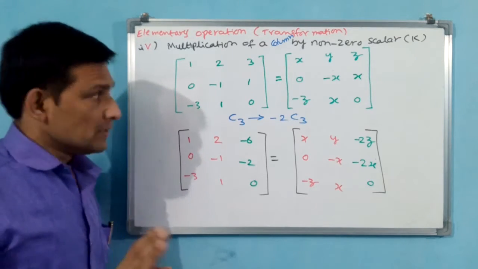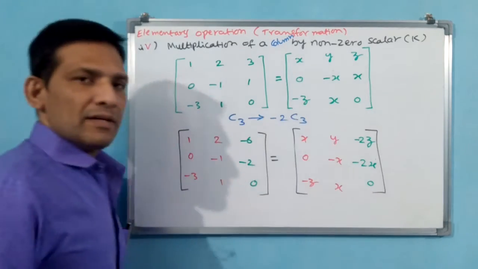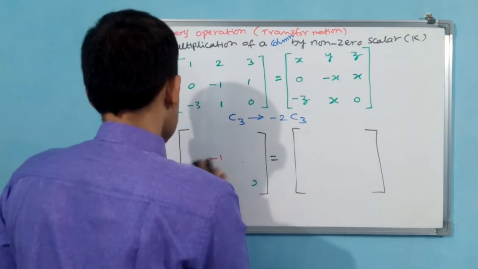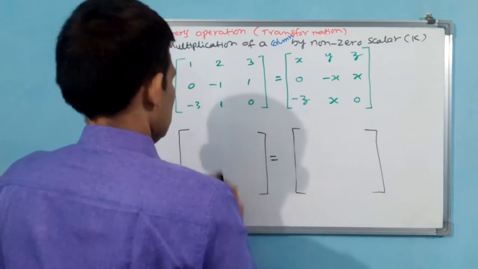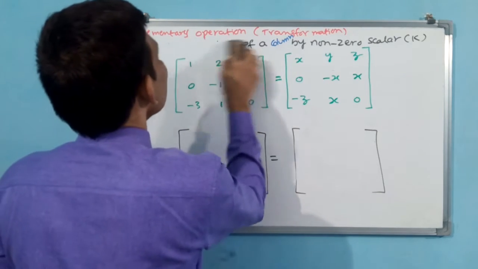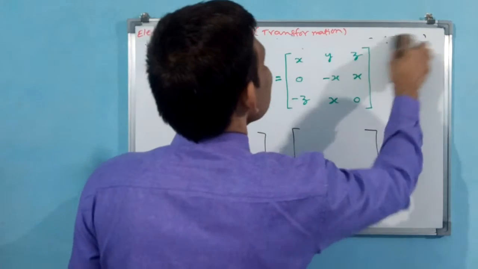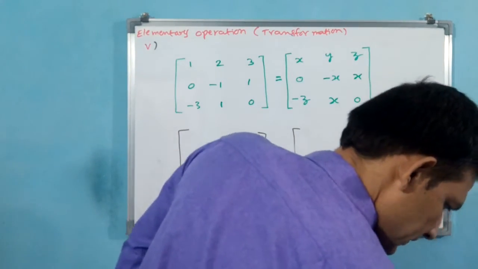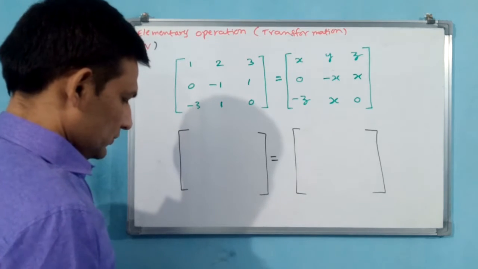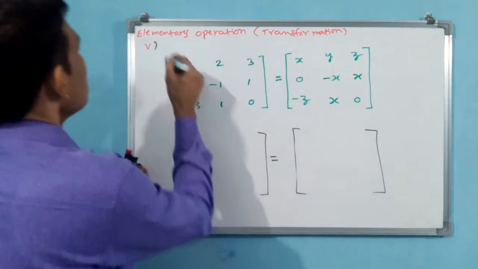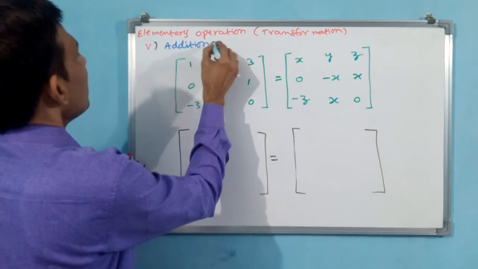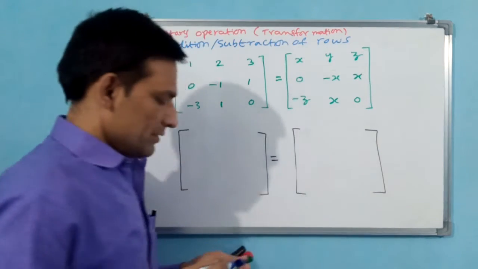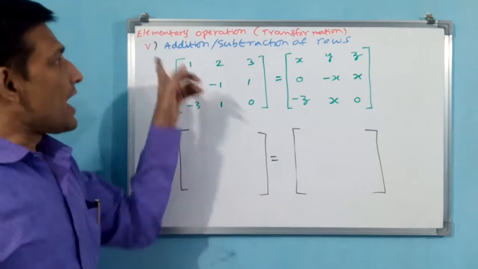Now, the fifth operation: addition or subtraction of rows.